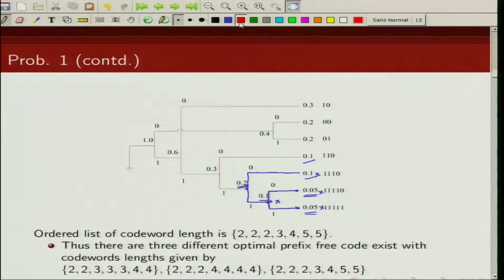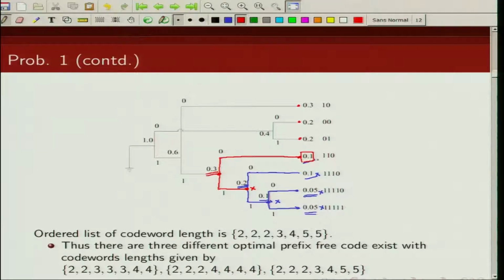So what are my active nodes at this point? I have this one with probability 0.2, this one with probability 0.1, this one with probability 0.2, this one with probability 0.2, this one with probability 0.3. So I need to combine this particular node with any node or leaf which has probability 0.2. If I combine this with this, I create a new node with probability 0.3.